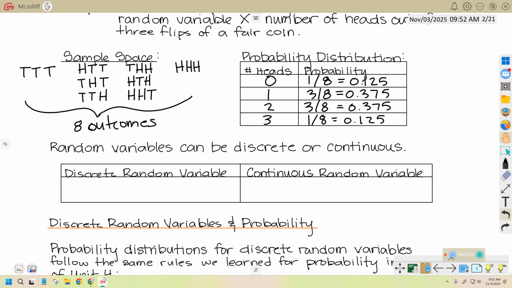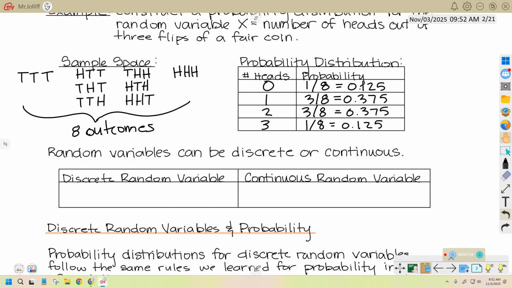You'll notice both of those were number of something. These are typically countable things. These are things that we're counting, yeah?